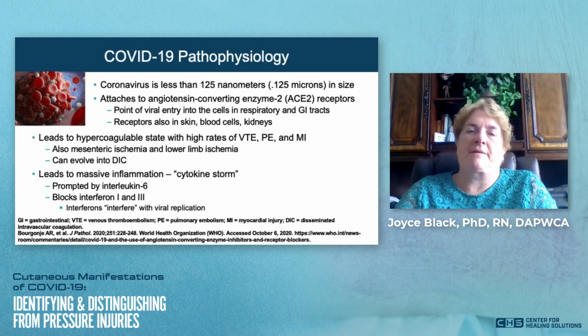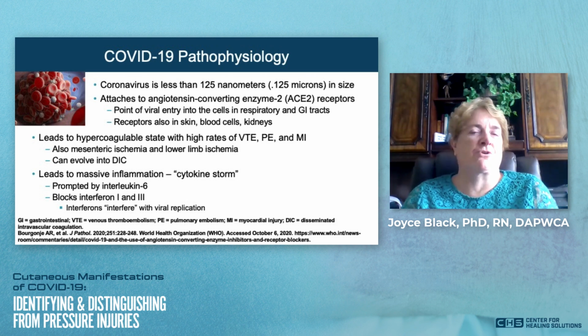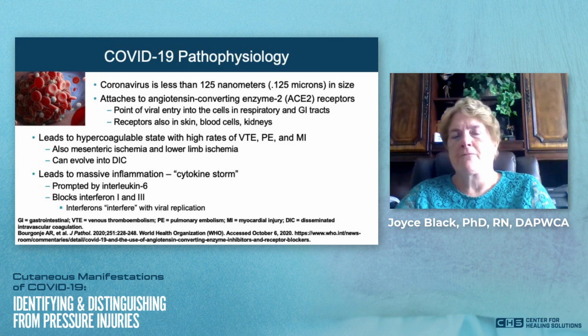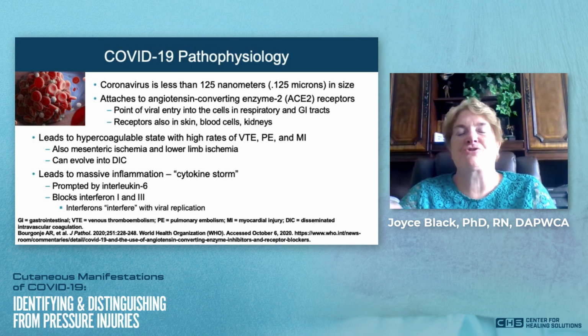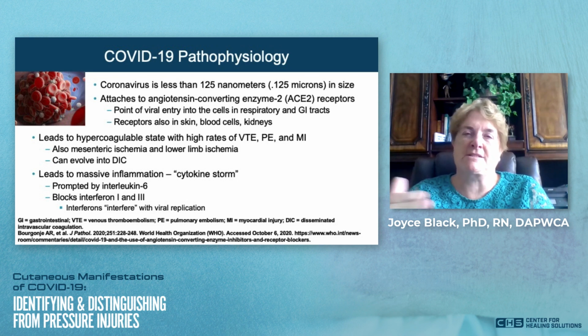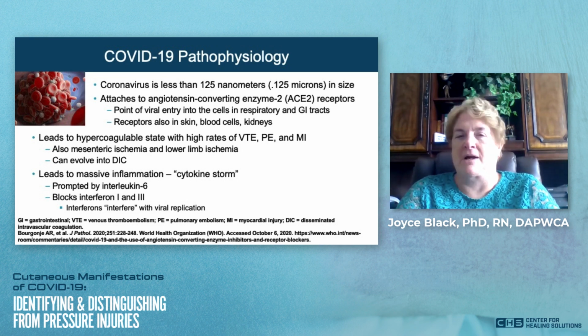And those of you that prescribe, administer, or monitor ACE drugs, ACE inhibitor drugs for the management of blood pressure, really know this pretty well because you know that you're hearing from patients or you're asking patients about cough. And coughing is a significant side effect of the ACE inhibitors. That's because that's where the majority of those receptors are in the lungs.